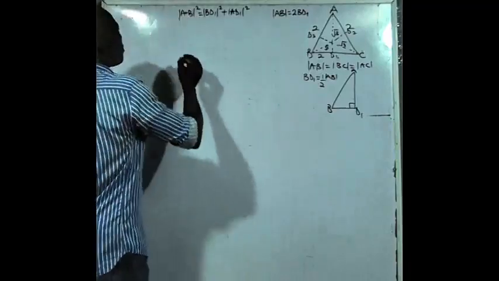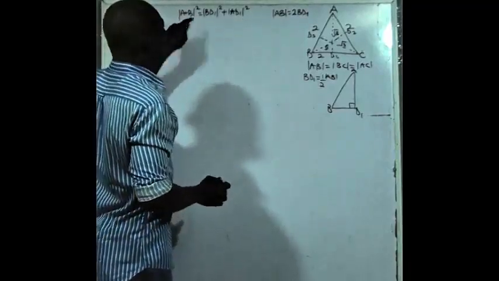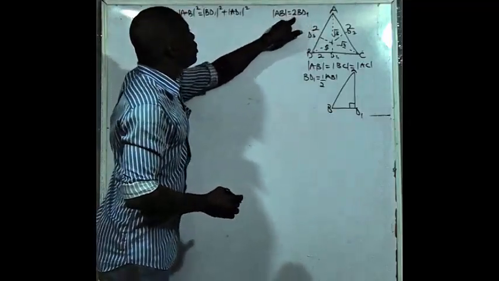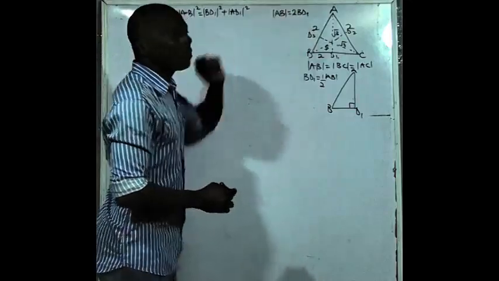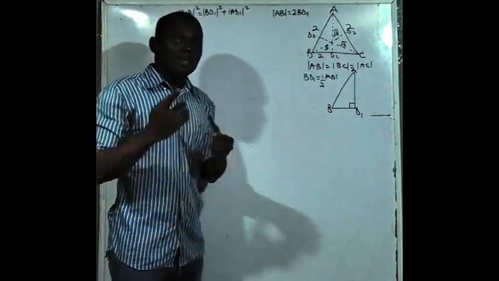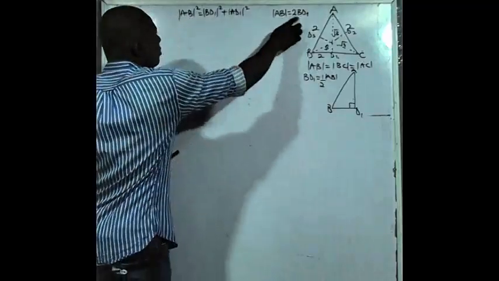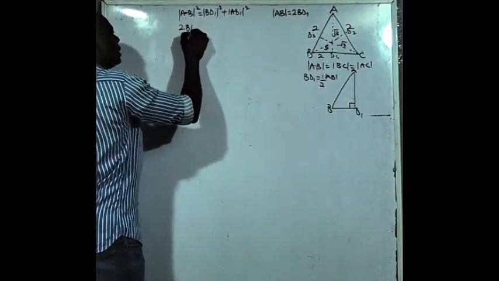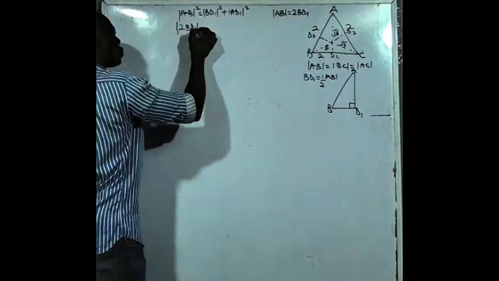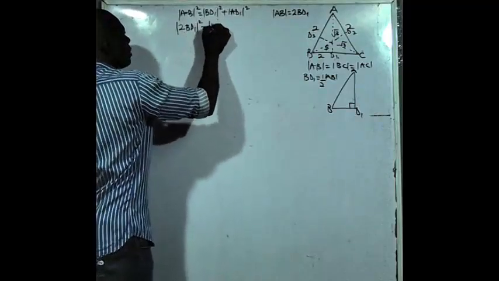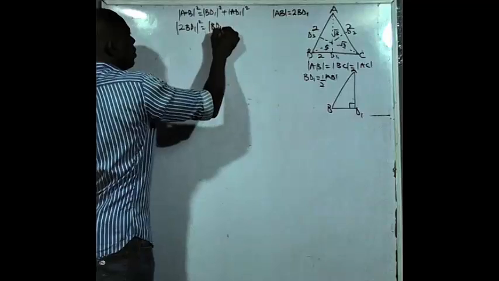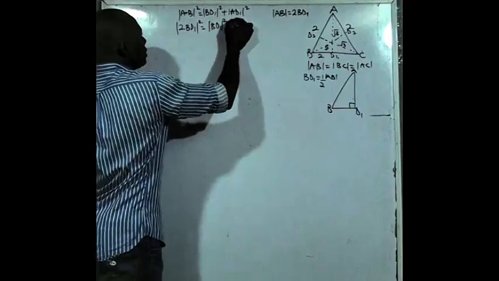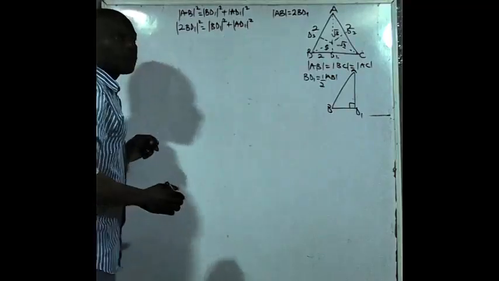Okay, so simply, since we have already said that the line AB is 2 times BD1, we can now substitute 2 BD1 in place of AB. So this will be 2 BD1 all squared, equal to BD1 square plus AD1 square.